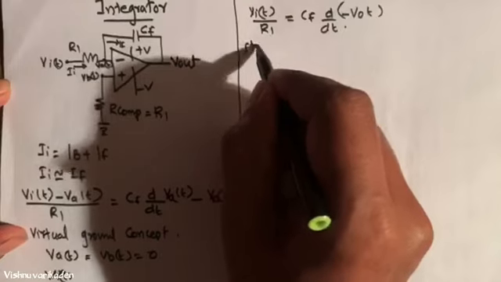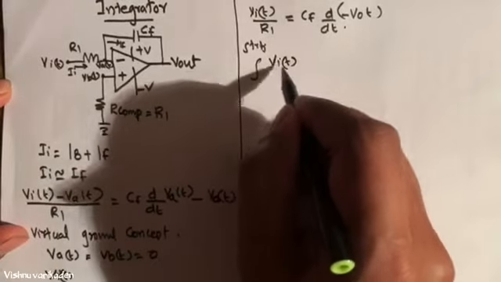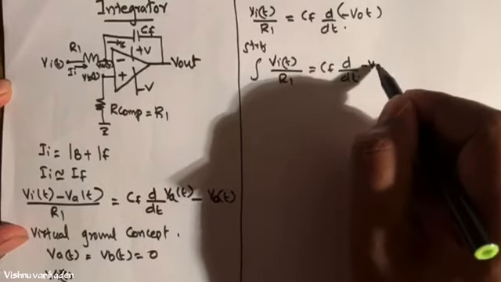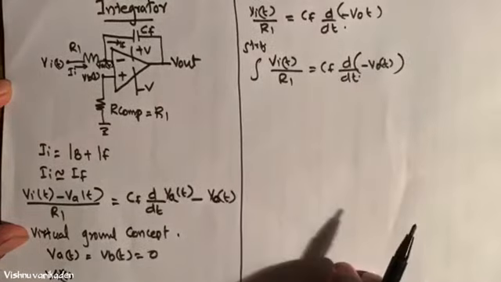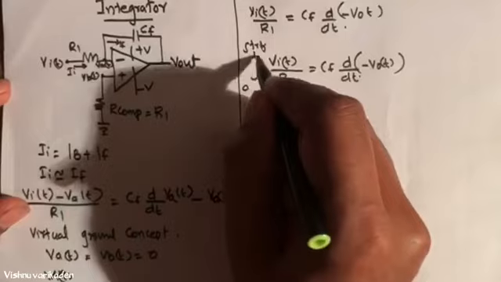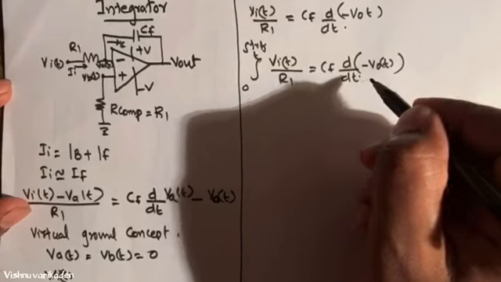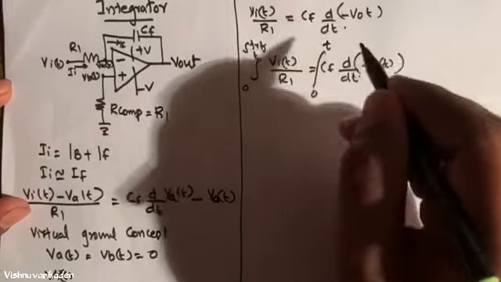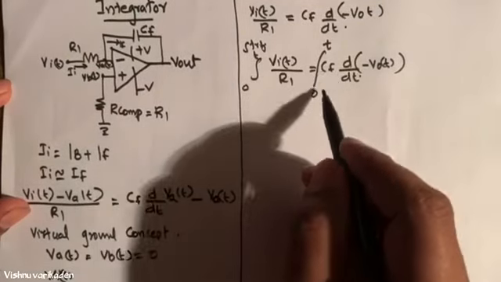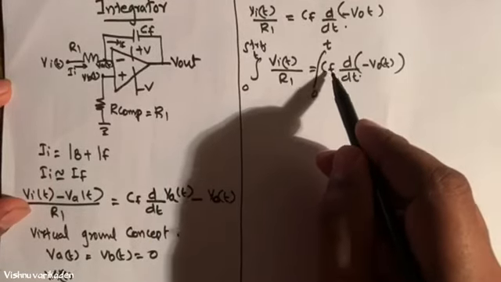So integrating both sides, the integral of Vi of t by R1 is equal to Cf of d by dt of minus V0 of t, integrating from 0 to t.